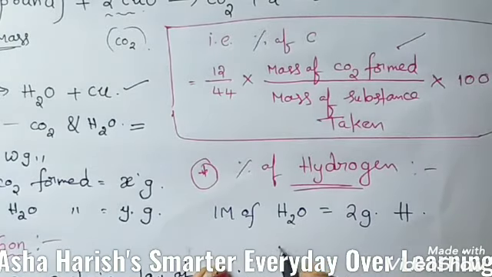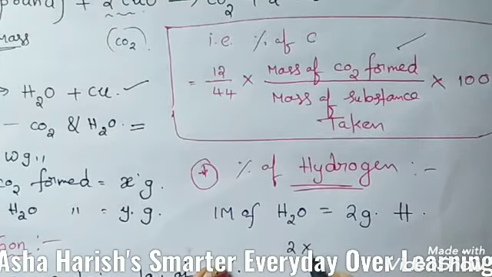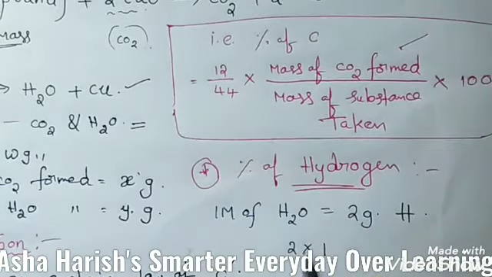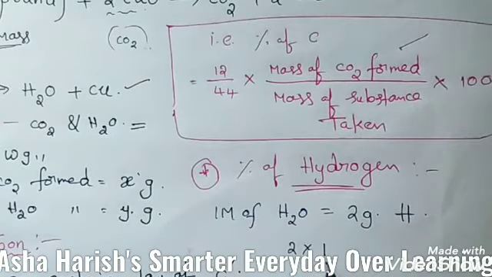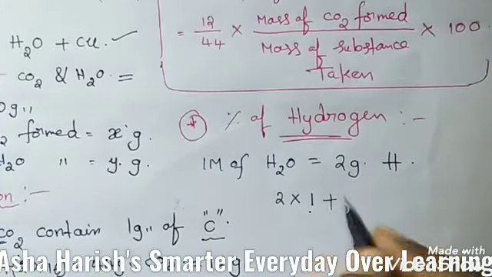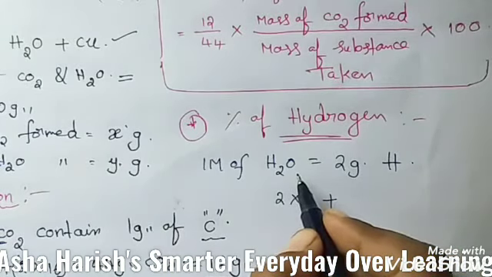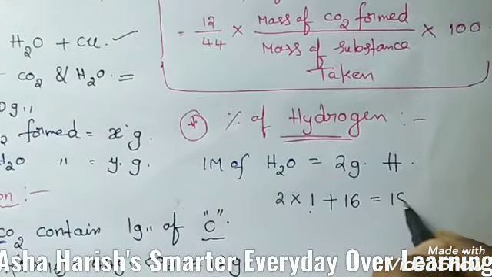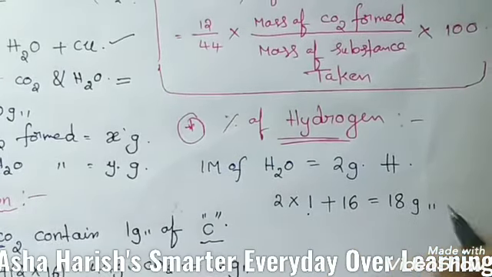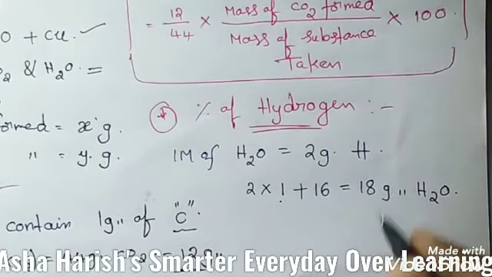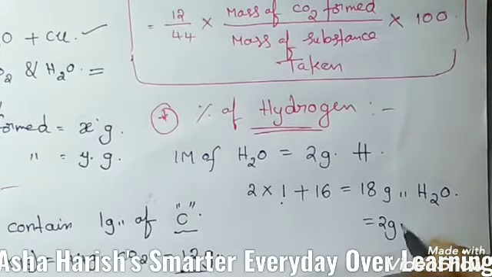That is 2 into 1. Hydrogen atomic mass is 1, plus oxygen atomic mass 16, and we get 18 grams of H2O. 18 grams of H2O contain 2 grams of hydrogen.